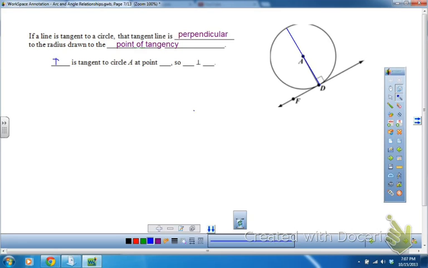DF is your tangent line here, and it is tangent at point D.